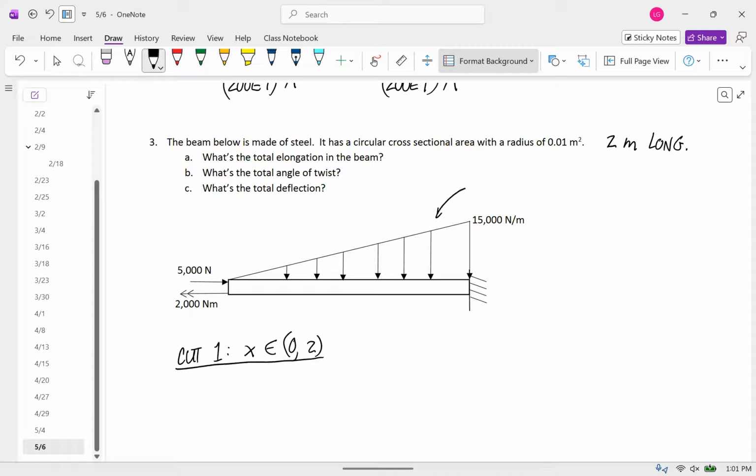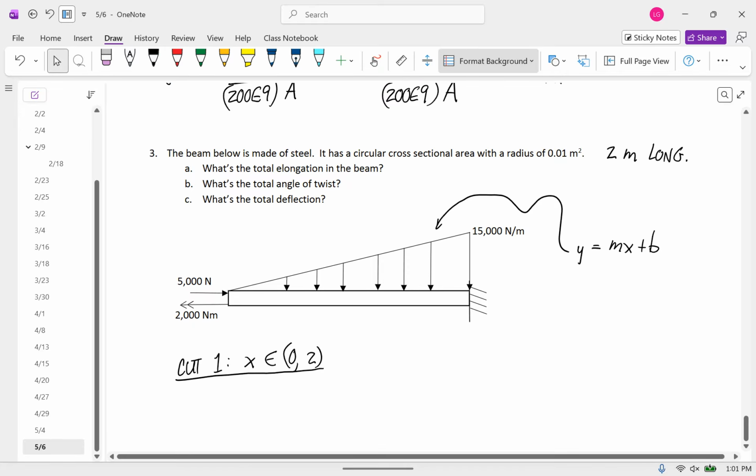And then later we're going to need the equation for a line that represents this. So this is going to be y equals mx plus b. When x is equal to 0, what's the height of that distributed load? 0, right. Yep.